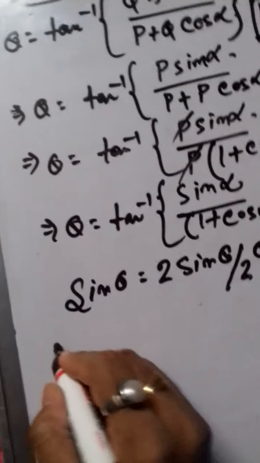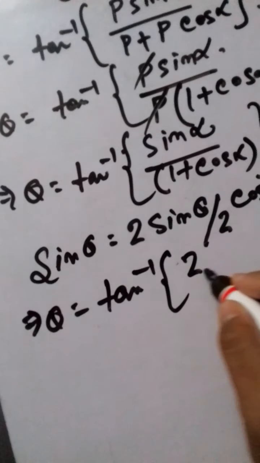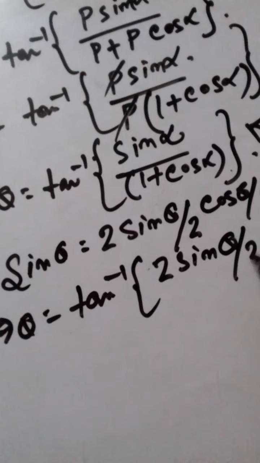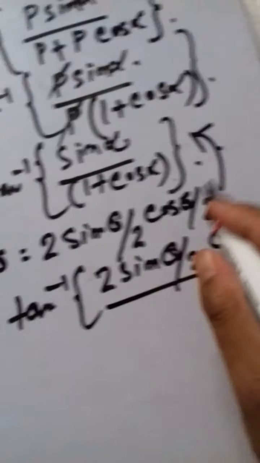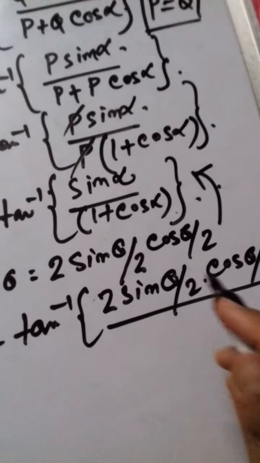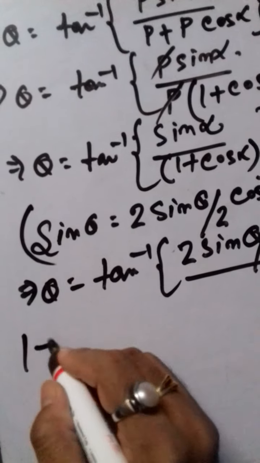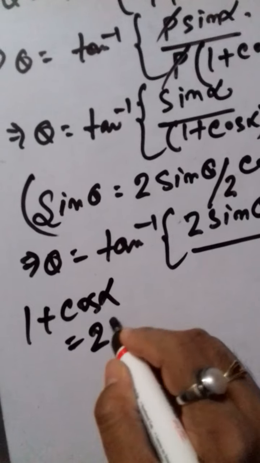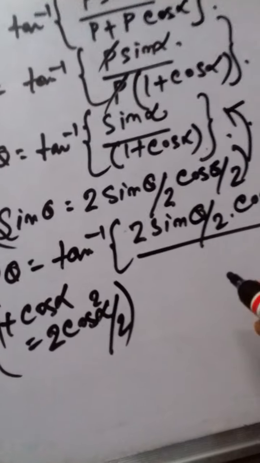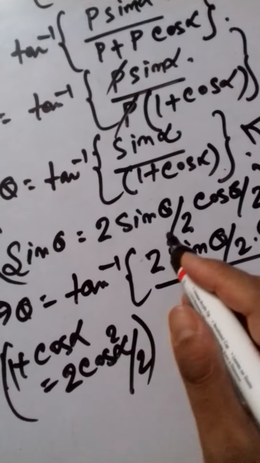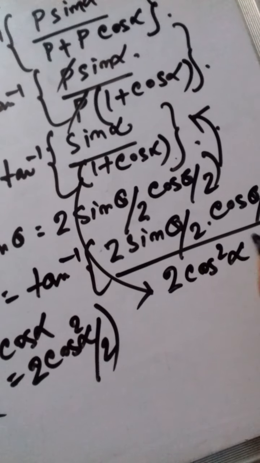Substitute in this formula, so theta is equal to tan inverse of 2 sine alpha by 2 into cos alpha by 2 divided by, we know that 1 plus cos alpha is equal to 2 cos squared alpha by 2. This is as per the simple formula of trigonometry. So in place of 1 plus cos alpha we can write 2 cos squared alpha by 2.